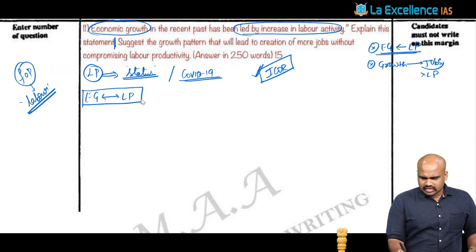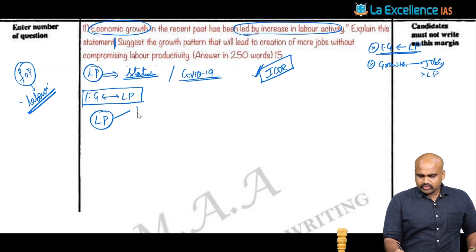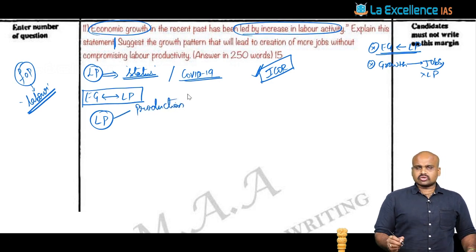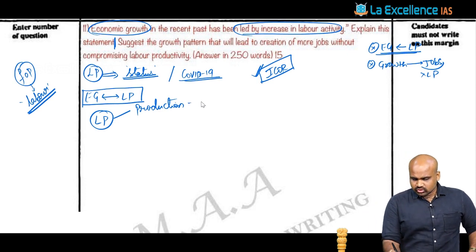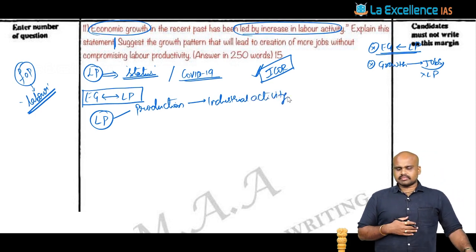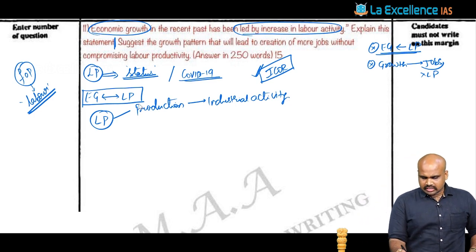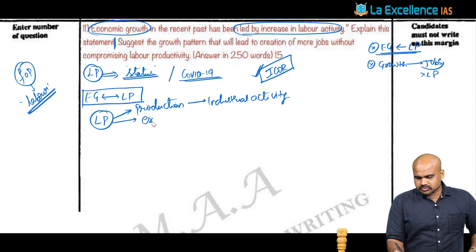Now when you look at the relation that exists, with labor productivity the extent of production enhances. And not only that, the industrial activity in the country will be ramped up. Also, the extent of expenditure will be reduced.